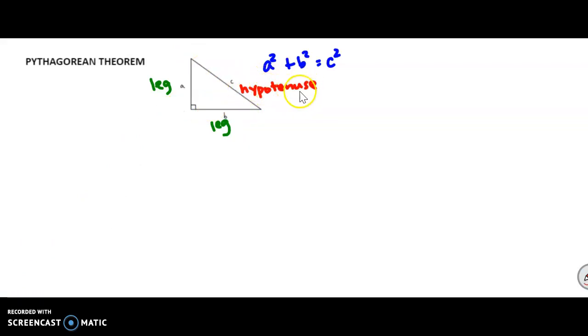So the Pythagorean theorem actually says: the leg squared plus another leg squared equals the hypotenuse squared. We're going to use this relationship for the next couple examples.